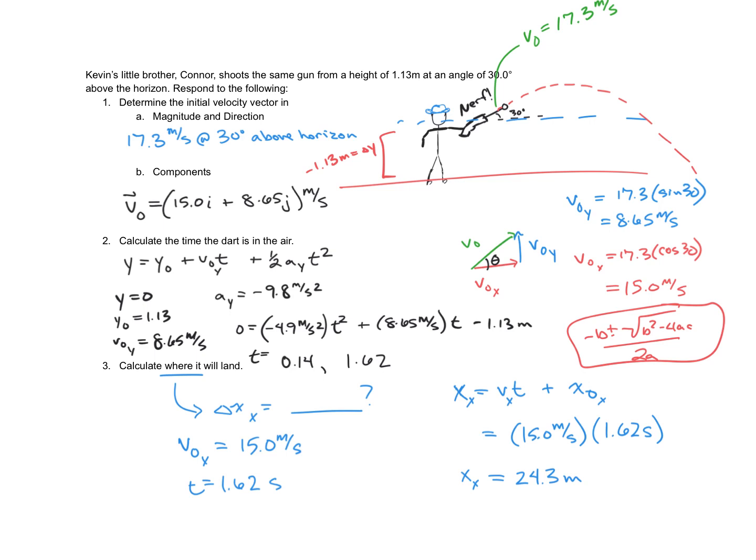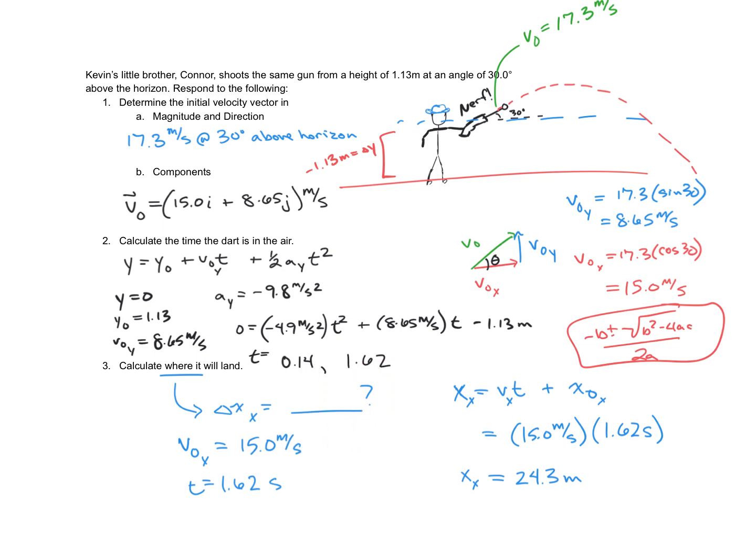Honestly, in physics, I don't mind if it's permitted in your math classes, you can program a quadratic equation solver into your calculator and type in the A term and the B term and the C term. And if you do that, it reports two values, because of the quadratic equation, you get the plus and minus versions. So the two times that are possible are 0.14 and 1.62.